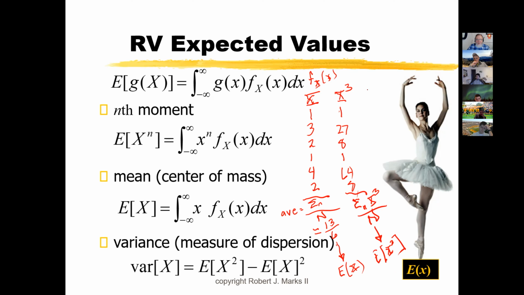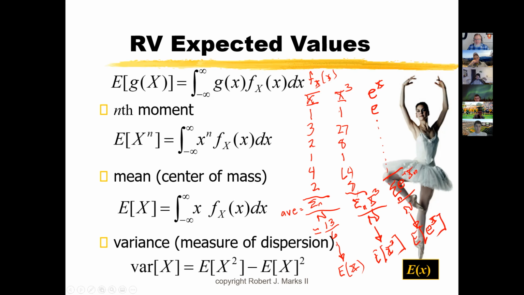I can do weird stuff. I can do e to the x. So I can go down and I can add these up and take each one of these to the e power. I could add them up. Sorry, I'm going into that tutu. And I could add up all of these e to the x's, and that would be approximately equal to the expected value of e to the x.